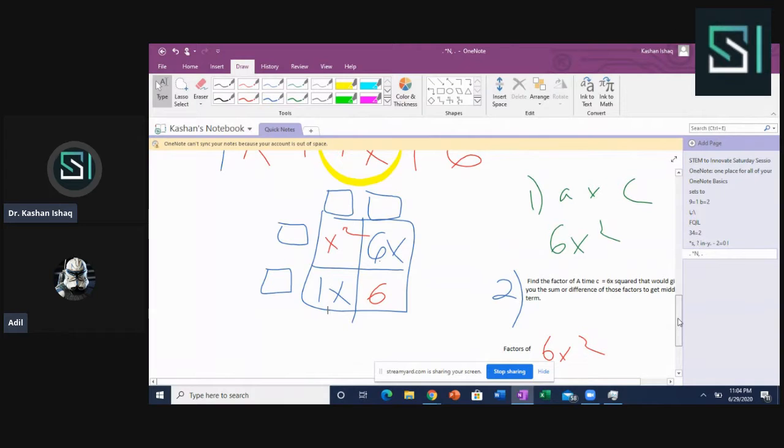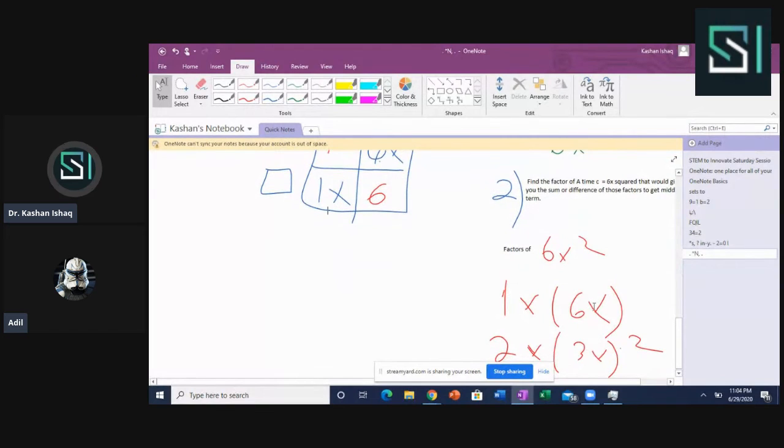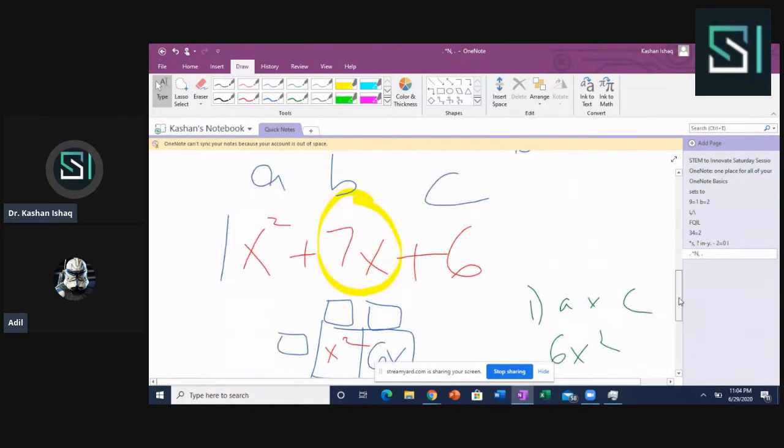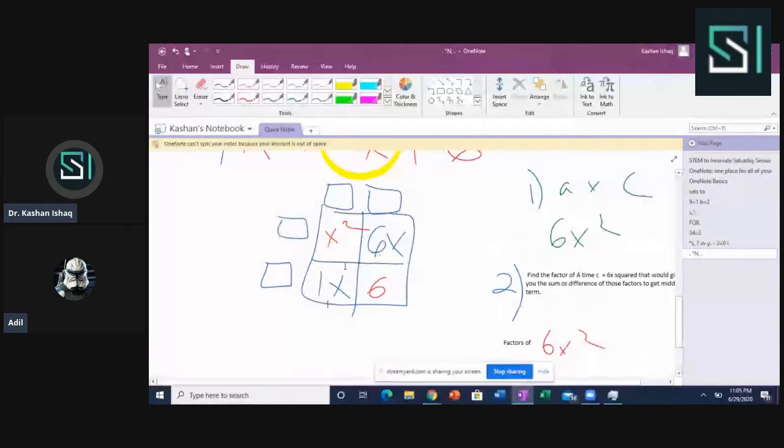The product of A and C is 6x squared. And once we did the factors of 6x squared, we know that 1x and 6x add up to the middle term, which is 7x, right? Yes. We place those two factors into the diagonal squares that were remaining. We didn't put anything there, so we'll put that there, right? So far, so good? Yes.